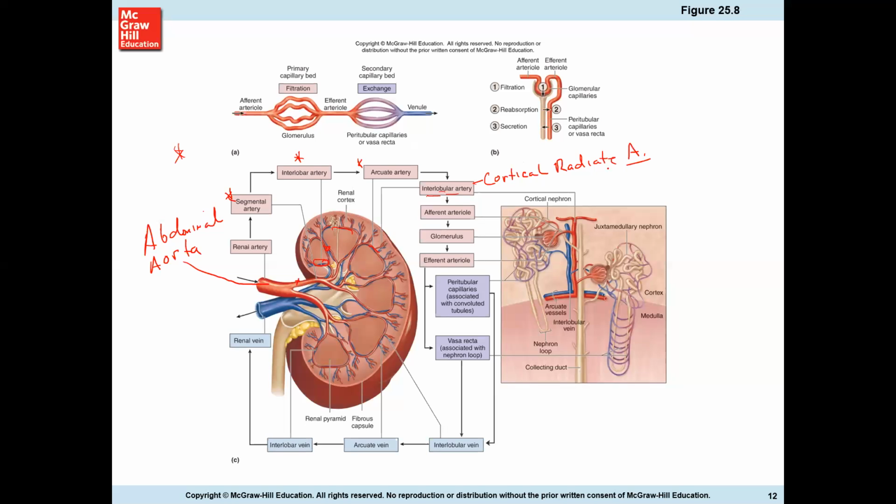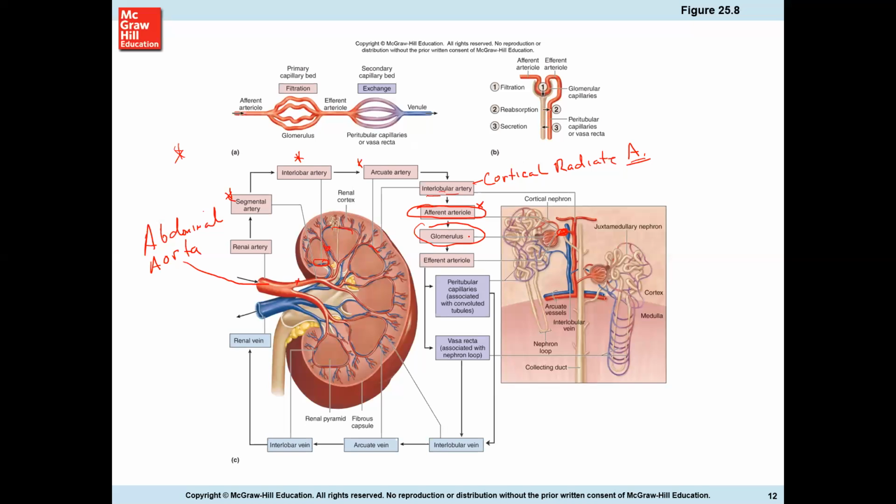Or A for artery, V for vein. So now the most important is the afferent arteriole, which is going into the glomerulus here. And then you have the glomerular capillaries. And then filtrate, whatever is filtered out of the glomerulus, will go into the PCT, and then into the descending loop of Henle, and then make a hairpin turn and go to the ascending loop of Henle, to the distal convoluted tubule, to the collecting duct.